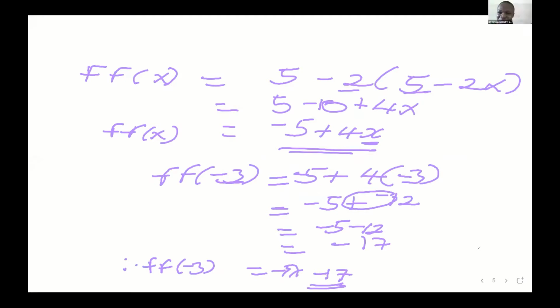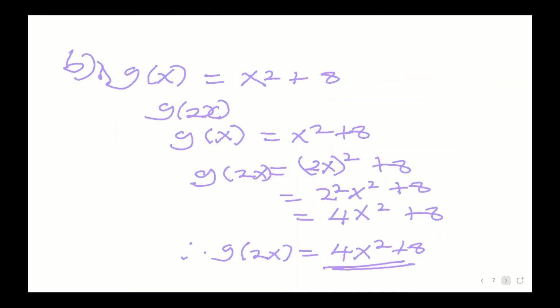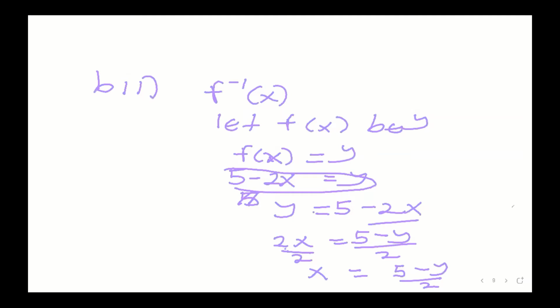Can you repeat the question, please, sir? The question is, on B Roman number 2, they said inverse of x, and they said f of x is equals to y, and the f of x was 5 minus 2x is equals to y.